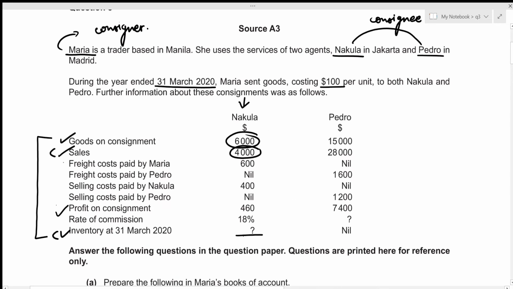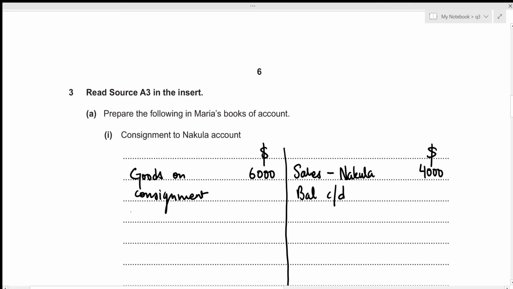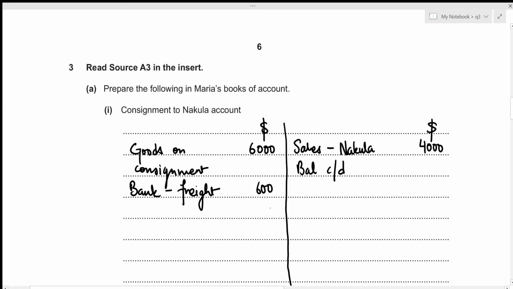Then we have freight charges paid by Maria. And since we are preparing these consignment account in Maria's books of accounts, we can record this freight cost as bank. And this amounts to 600. Let's write it down. So that's bank. And this is the freight charges, which amounted to 600.